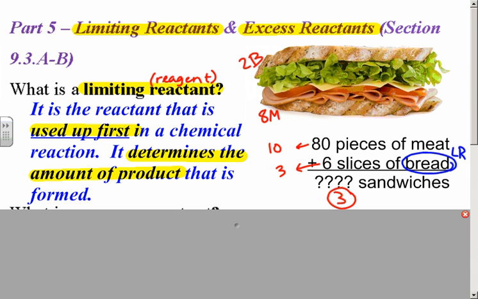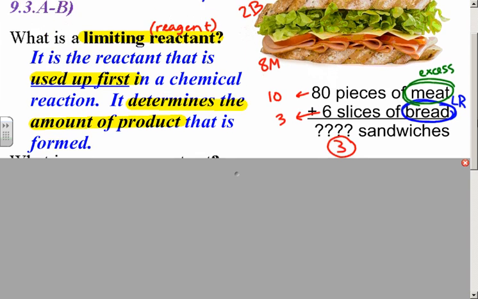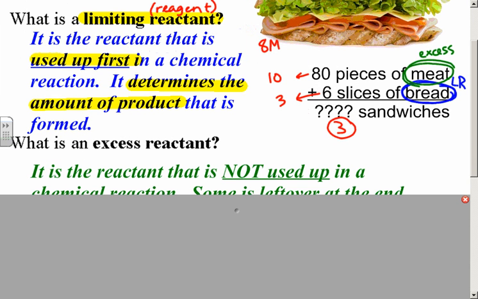Limiting reactant is often abbreviated LR. In this example, the bread would be my limiting reactant because it runs out first. Somebody else is still present when the reaction's done. That would be the meat. The meat would be my excess reactant. Excess is a word that means extra or more than enough.